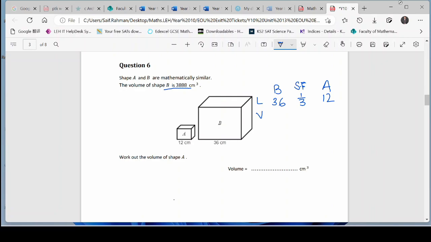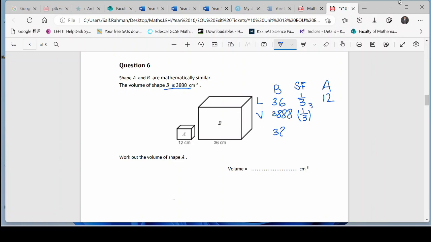Now the volume of shape B which has been given to us is 3888. I'm not writing the units here to save space, okay? Otherwise, in exams you should write the units for all these numbers. So when we have the volume, the scale factor we have to cube, okay?